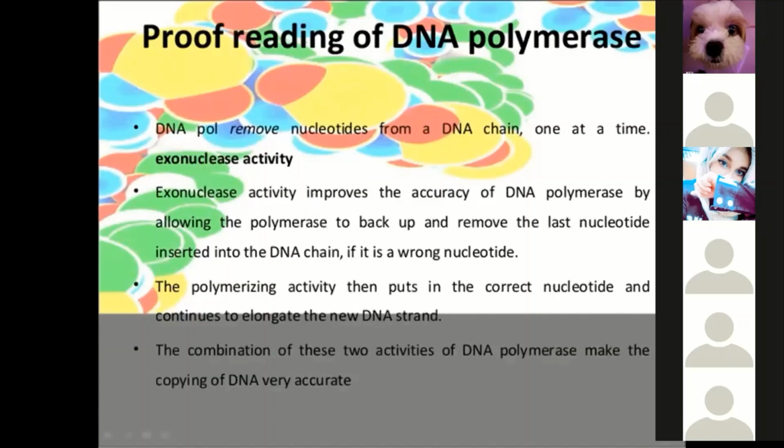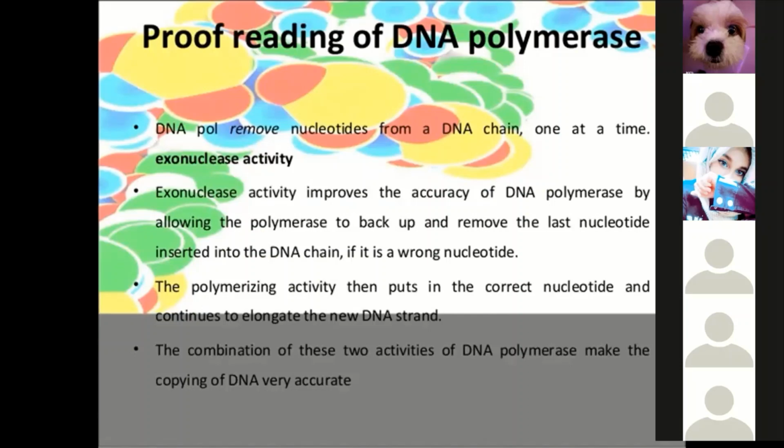I already told you, DNA polymerase removes nucleotides from a DNA chain one at a time because of its exonuclease activity. So exonuclease activity improves the accuracy of DNA polymerases by allowing the polymerase to back up and remove the last nucleotide inserted into the DNA chain if it is a wrong nucleotide. So proofreading takes place: if there is insertion of a wrong nucleotide, it removes it.